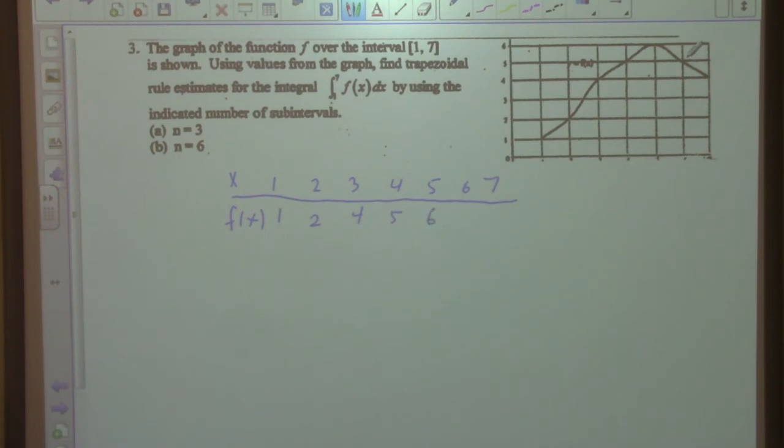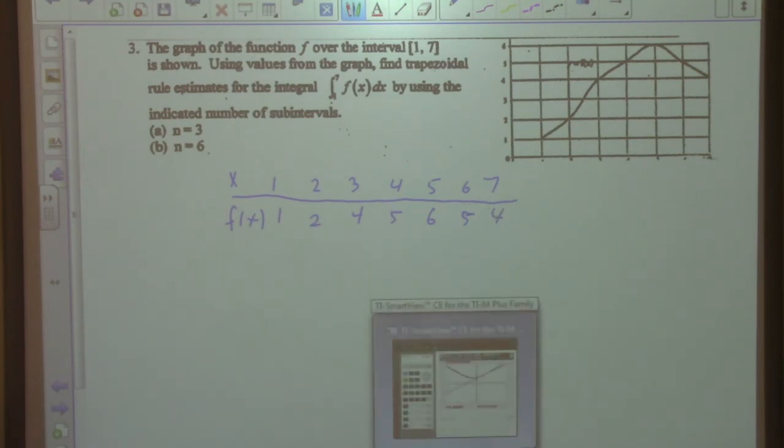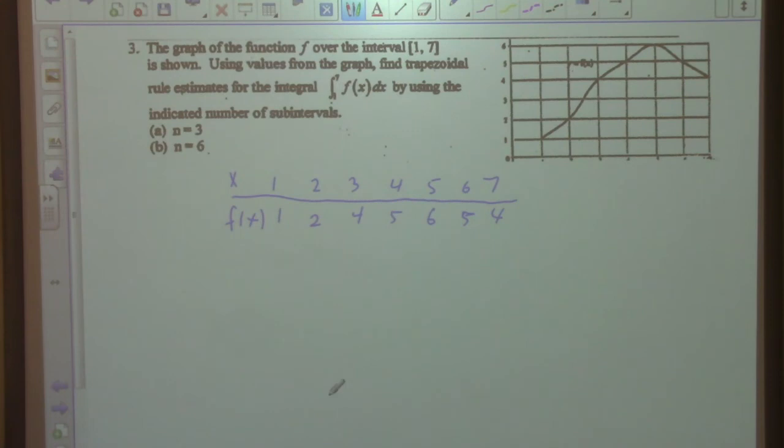And then that's going to be 4 point something. Well, I'll call it 5 just to make life easier. So 5, 4. Oh, I did the one with n equals 6 first, dang it.